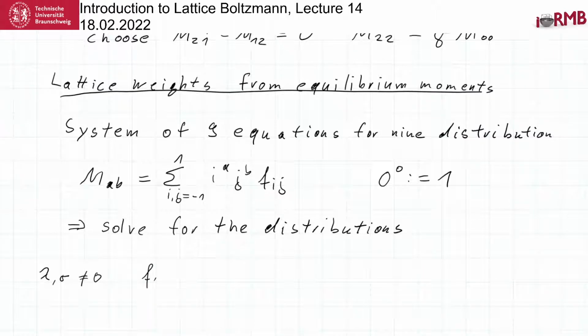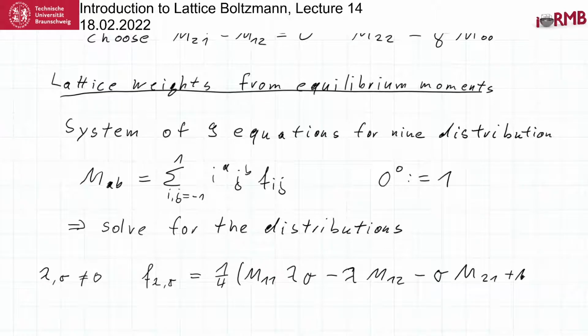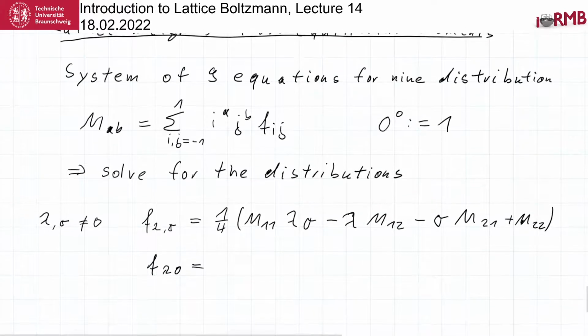And then this distribution f lambda sigma, where lambda and sigma could be either +1 or -1, looks like this: 1/4 m11 times lambda times sigma minus lambda m12 minus sigma m12 plus m22. So I'm just using this as a shortcut, so that I don't need to write all 9 of them, but only 4.